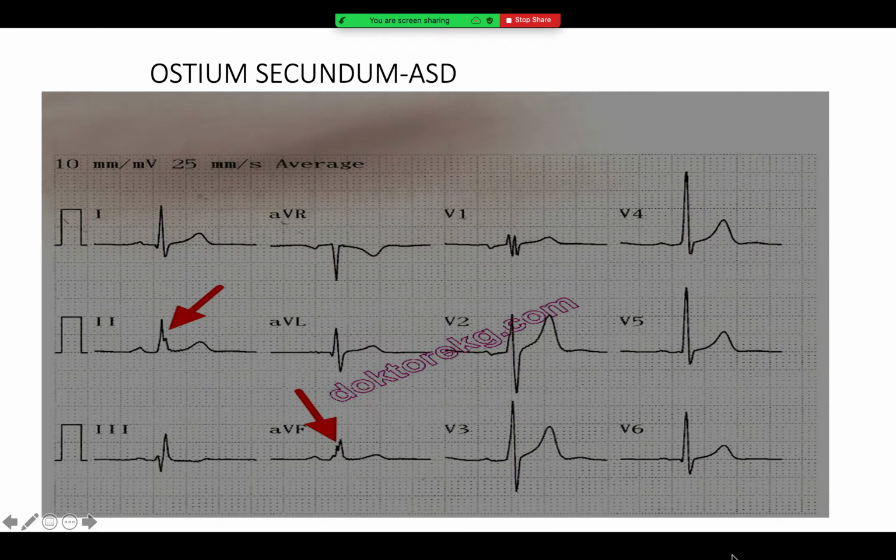So if we come across this kind of ECG, what do we notice? I have already given the diagnosis, right? Ostium secundum it is. So what are the peculiar characteristics, I would say? To help you, we have already put up some arrows as well.